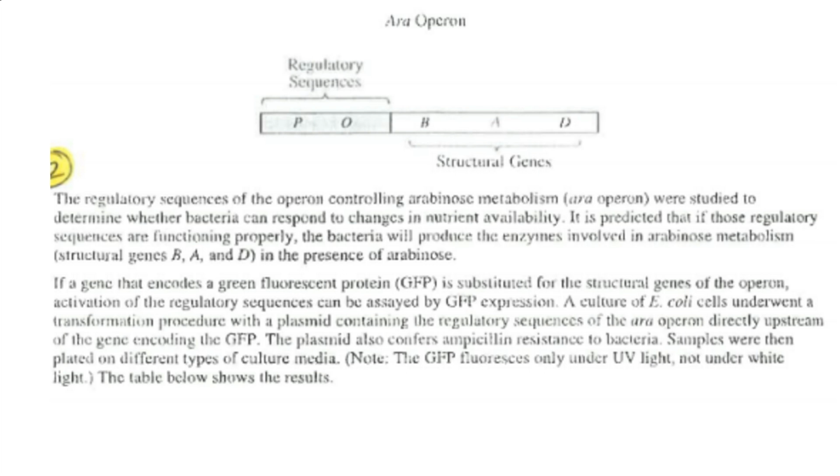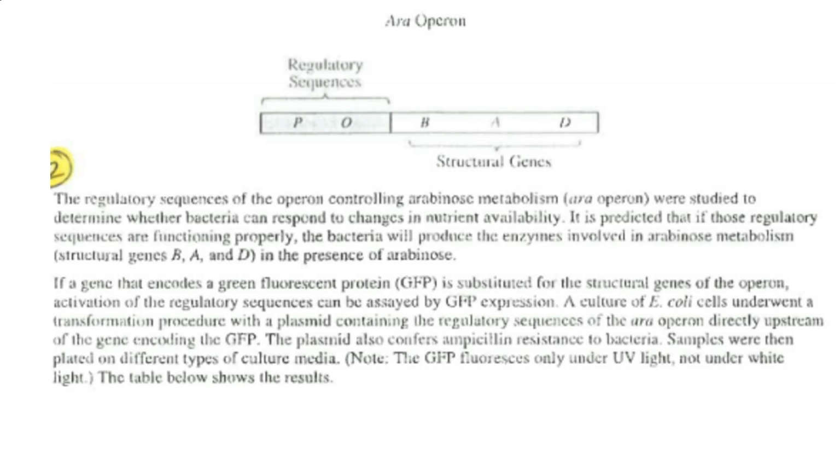It is predicted that if those regulatory sequences are functioning properly, the bacteria will produce the enzymes involved in arabinose metabolism, structural genes B, A, and D, in the presence of arabinose. If a gene that encodes a green fluorescent protein is substituted for the structural genes of the operon, activation of the regulatory sequences can be assayed by GFP expression.